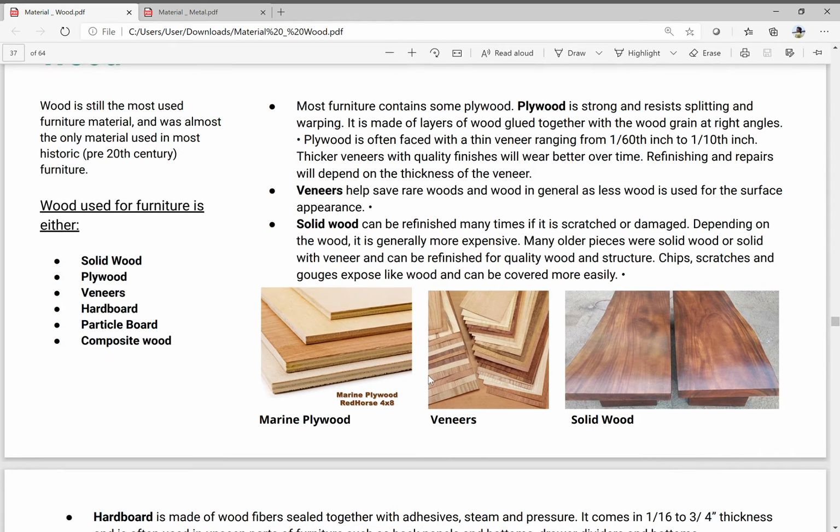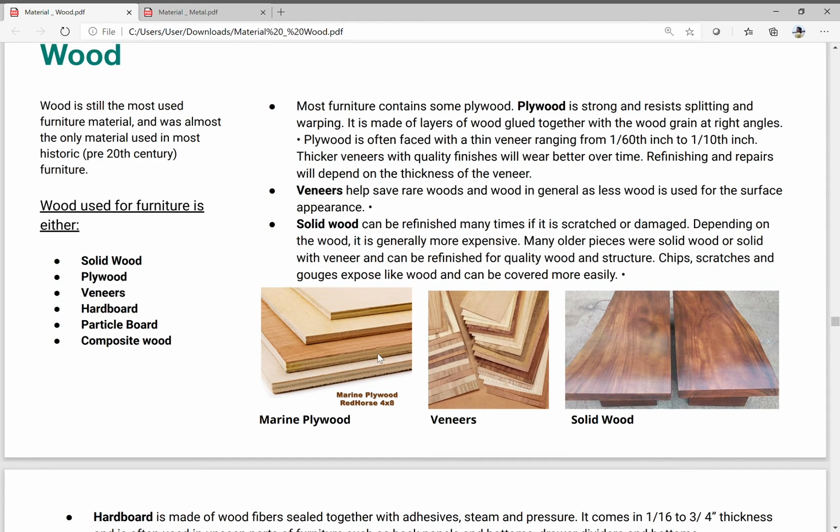Marine plywood is basically sandwiching layers of wood glued together, with varying grain directions at a 90 degree angle, to create a more solid wood. And then you have your veneer. It's a very thin sheet of very rare wood, so you can save on wood and add it onto, let's say, an MDF material.